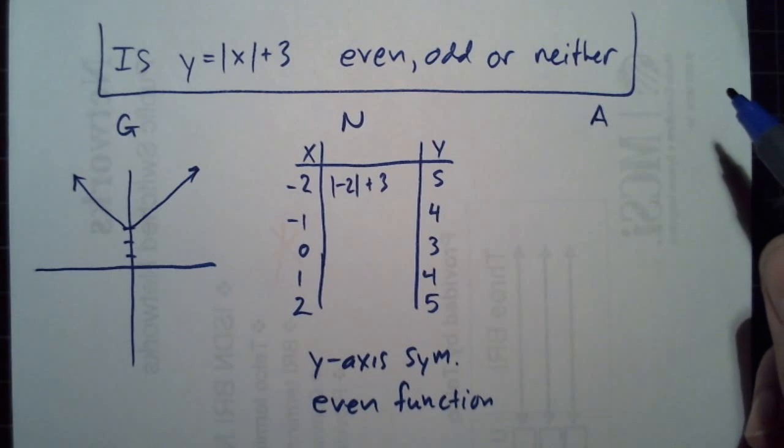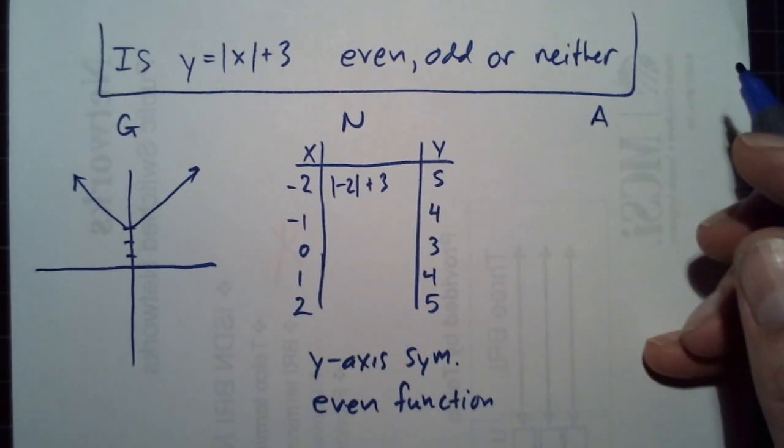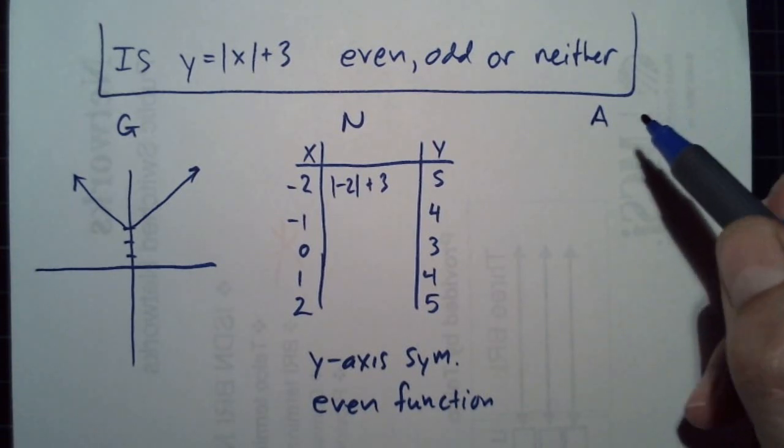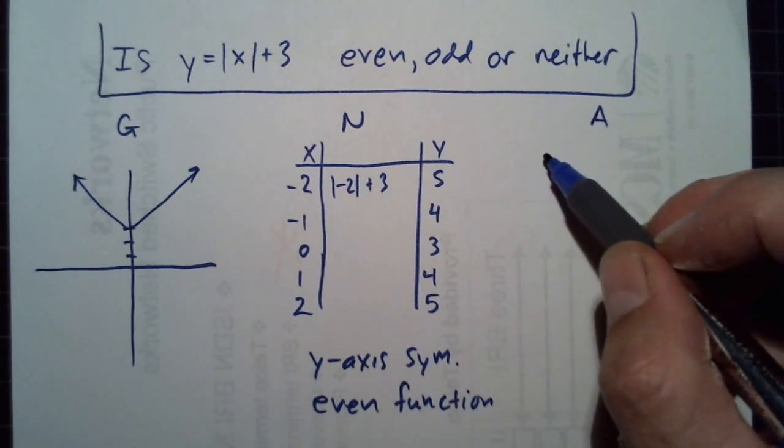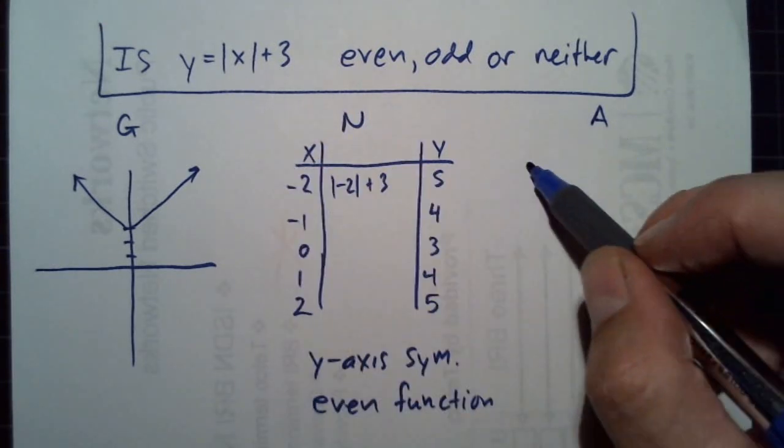To test for even or odd, we can always just put a negative in for the x.